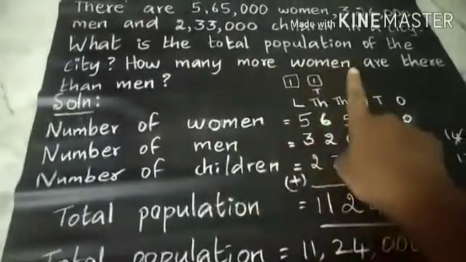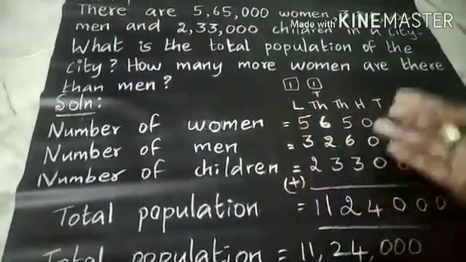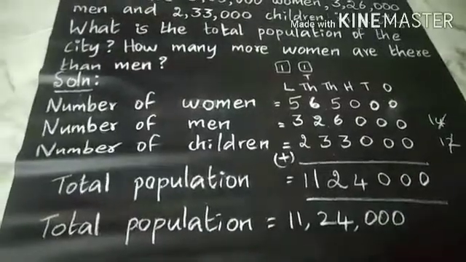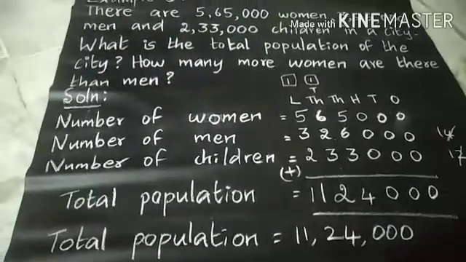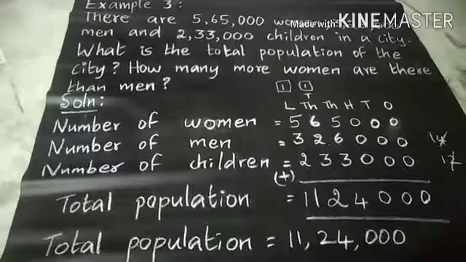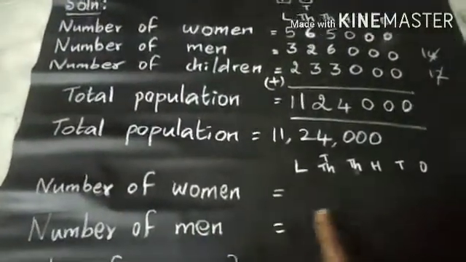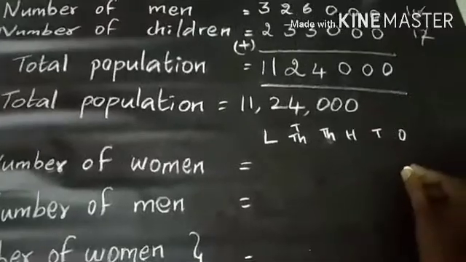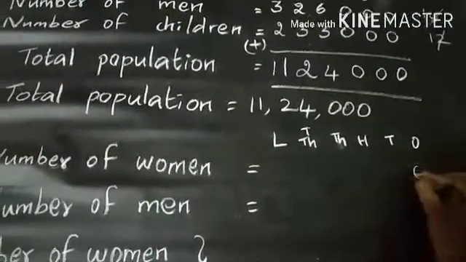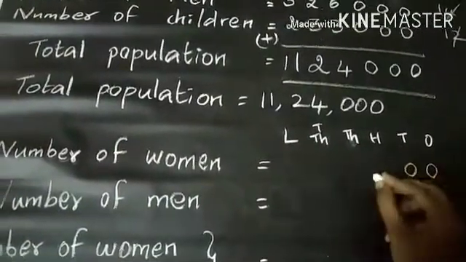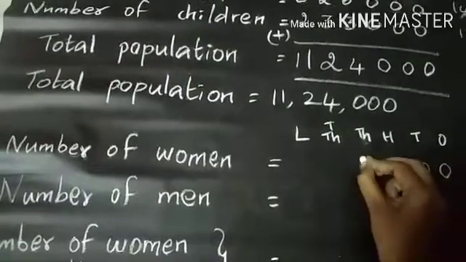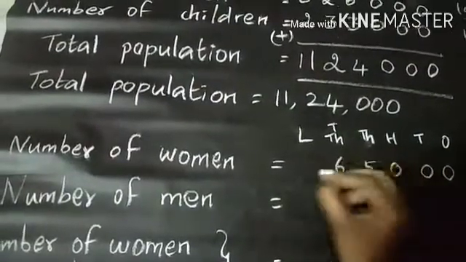Students, in this question, one more thing we have to find. That is number of women more than men. Here we should subtract the number of men from the number of women. So we have to write number of women is equal to 5,65,000.